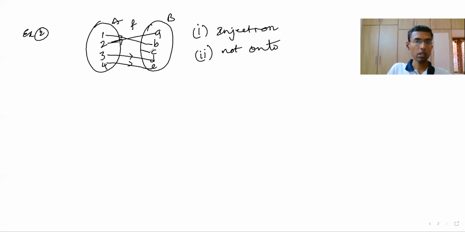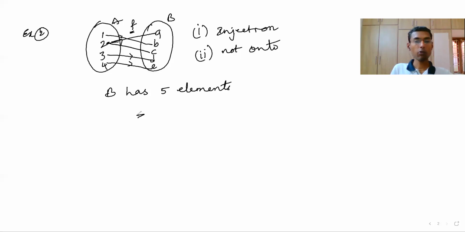Can we draw an image like this? Is it onto now? No. Why? Because no two elements can have the same image, so it loses its property to be a function. It will not be a function. Here B has 5 elements, A has 4 elements only.